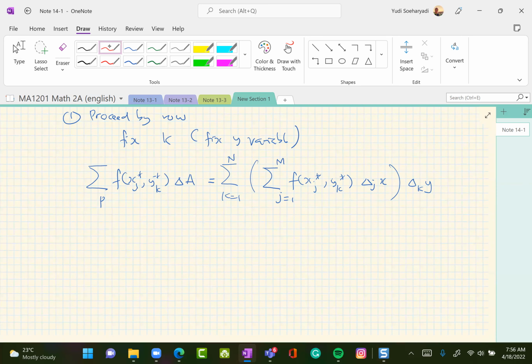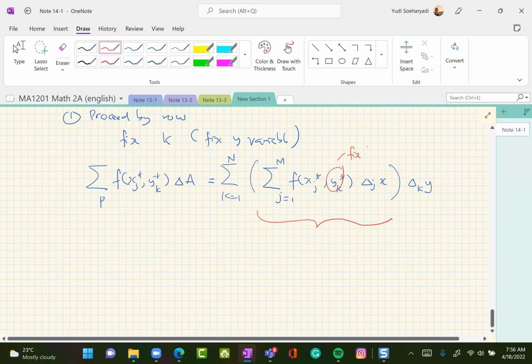And if you recall this part here, well, this one is fixed. So if delta x j goes to 0, say the partitions go to 0, this is the Riemann sum.